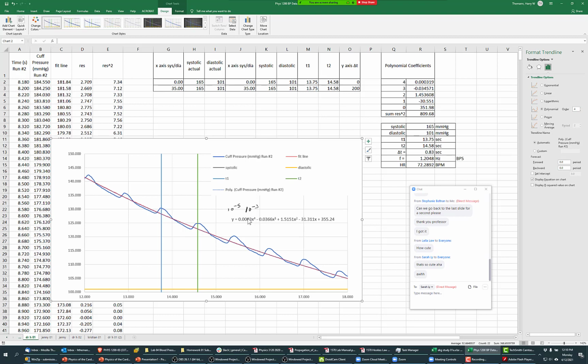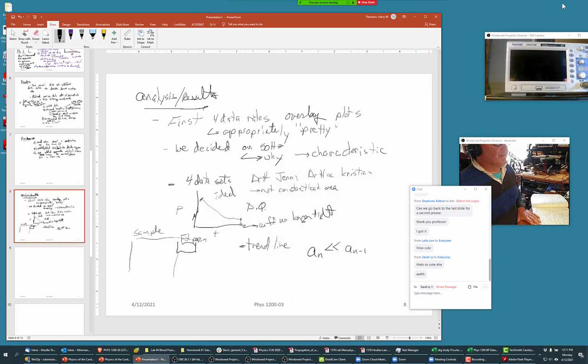This one we like because, again, it was 2 orders of magnitude different. Okay. So then we decided on fourth order. Notice the difference between a sub 4 and a sub 3.